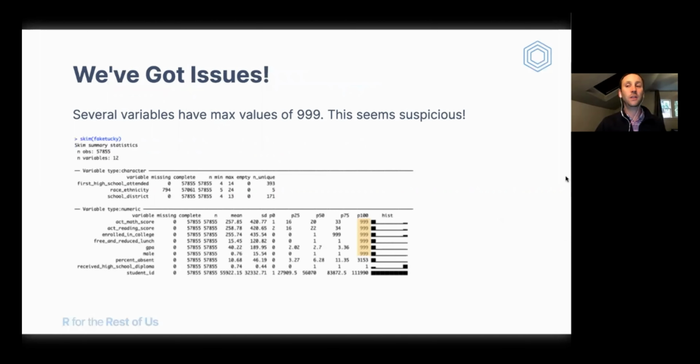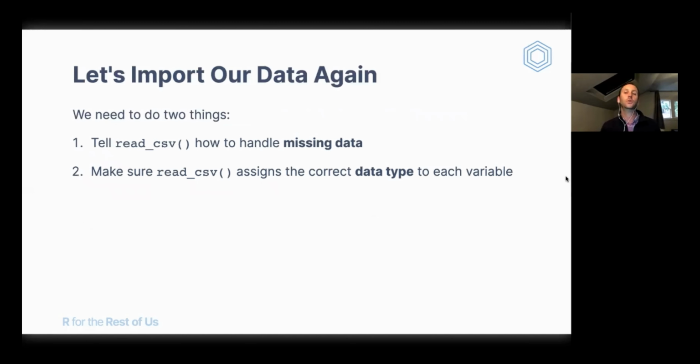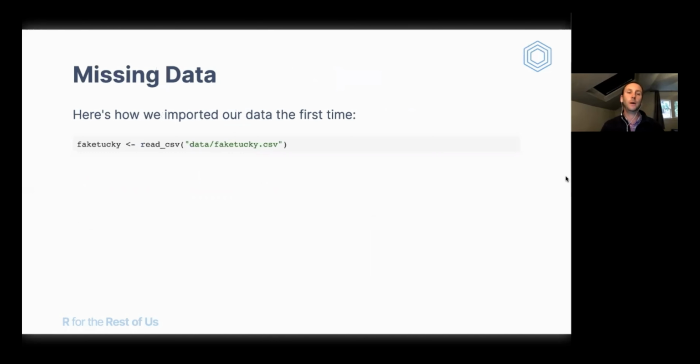It's probably that 999 was used to indicate missing. And we just need to tell the read CSV, hey, don't treat that as a real value. Instead, just treat it as missing. And then we're also going to tell ReadCSV to assign the correct data type to each variable, for the ones that we want to read in as character, not as numeric. So let's do these one by one.